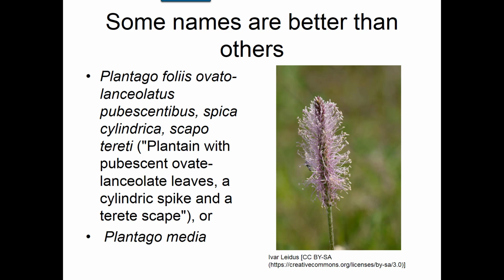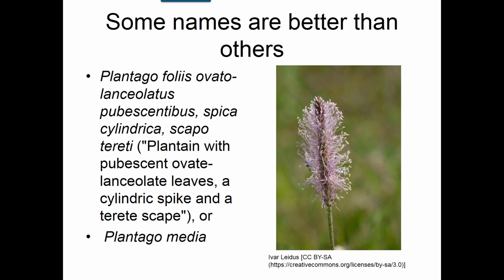So speaking of a clear system of naming life forms, I wanted to show you a really convoluted name for this plant, Plantago media. So that's what we call it now.